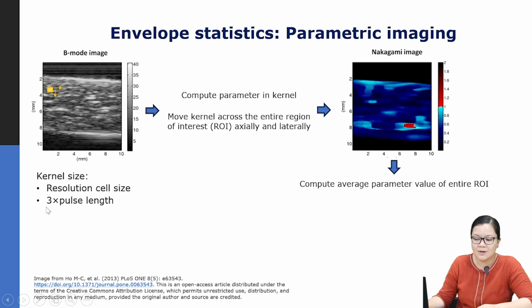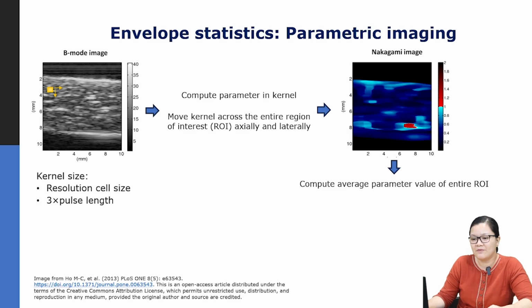Typically that kernel is in the order of 3 pulse lengths, and the data within that kernel is used to compute the parameter. After computing the parameter, it then gets registered into a pixel in a Nakagami image. And so that kernel is then moved to a different lateral and a different axial location. And so at each spatial location, another Nakagami parameter is being estimated.